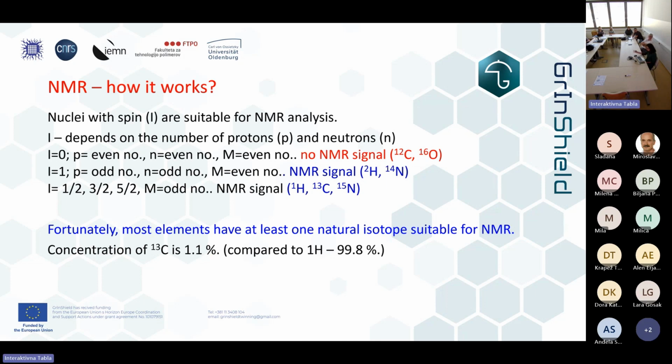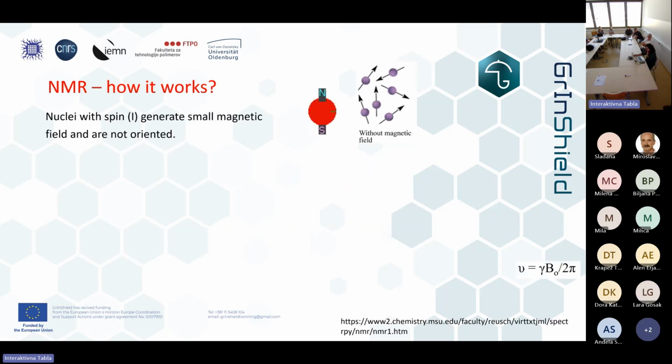And it's good luck that every atom, like for example carbon, has at least one isotope which can be measured. So the reason we can make NMR of carbon is that there is 1.1% of carbon-13 in nature, and this enables most of the NMR measurements in organic chemistry.